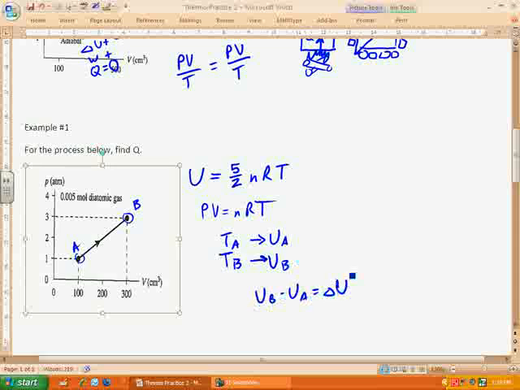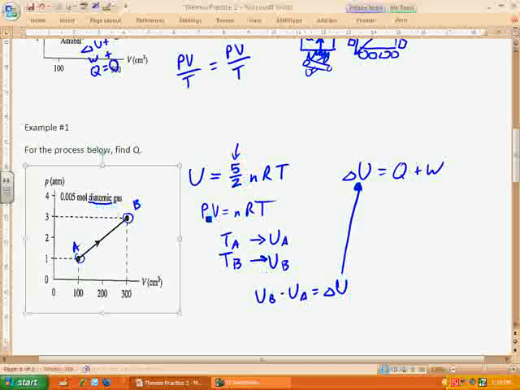Okay? Once we have the change in internal energy, you know that the change in internal energy is equal to Q plus W. So you now have the change in internal energy because you found the temperatures and you calculated that. Keep in mind, I used 5/2 very quickly, but that's because it's a diatomic gas.